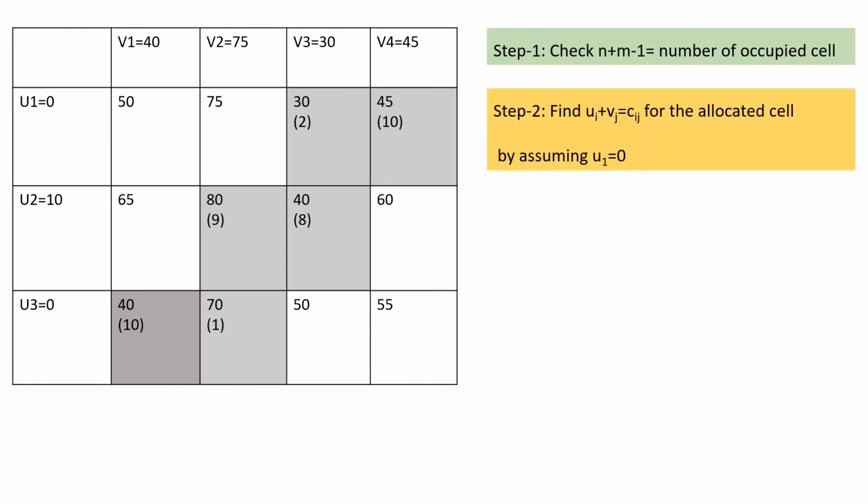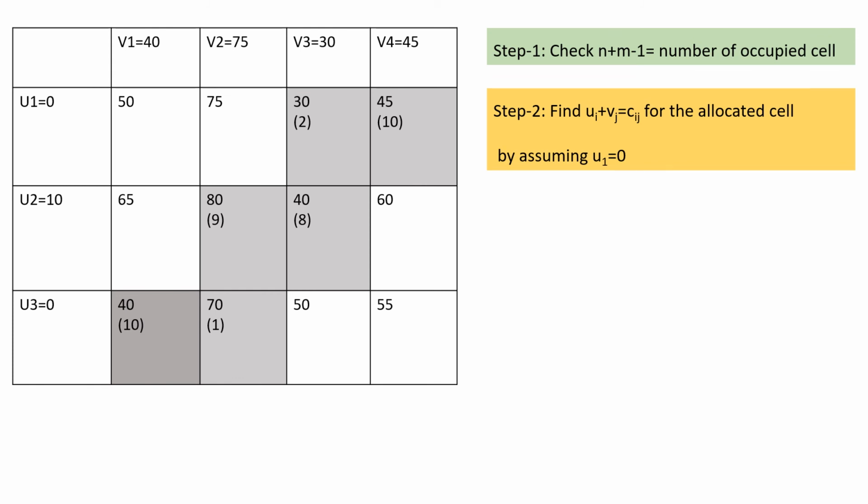Step 2 is to find the u and v values using the equation ui plus vj equals cij for the allocated cells, by assuming that u1 equals 0. So u1 equals 0, and 0 plus v3 equals 30, so v3 becomes 30, and 0 plus v4 equals 45, so v4 equals 45.